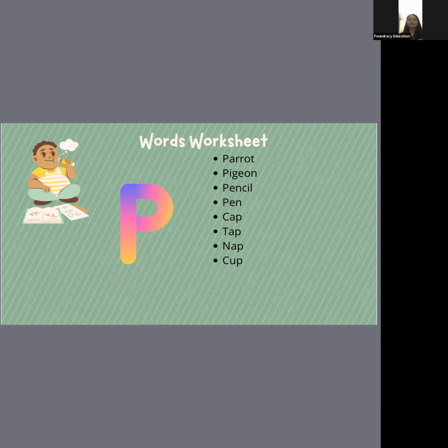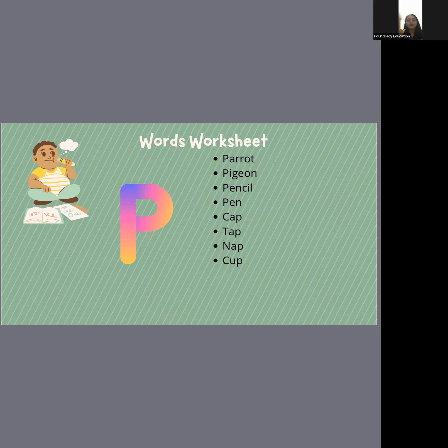We have one more letter which is p. Again, just like b. Try to press the lower lip and say p without opening. Yes. So this is p, parrot, agent, pencil, pen, cap, tap.